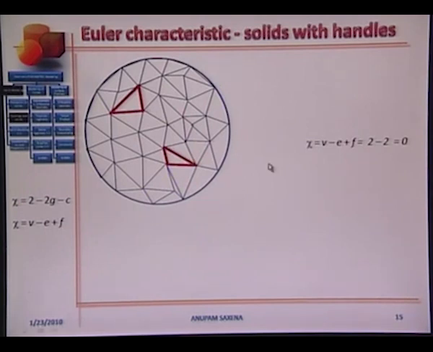Let's introduce another boundary component by taking away another triangle. Here we have ensured that none of the vertices or none of the edges in the two boundary components are common.